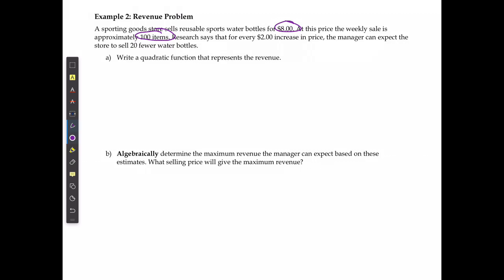Research says that for every $2 increase in price, the manager can expect to sell 20 fewer water bottles. Well, if I'm writing a function that represents revenue, then revenue is going to be the price multiplied by the units sold.